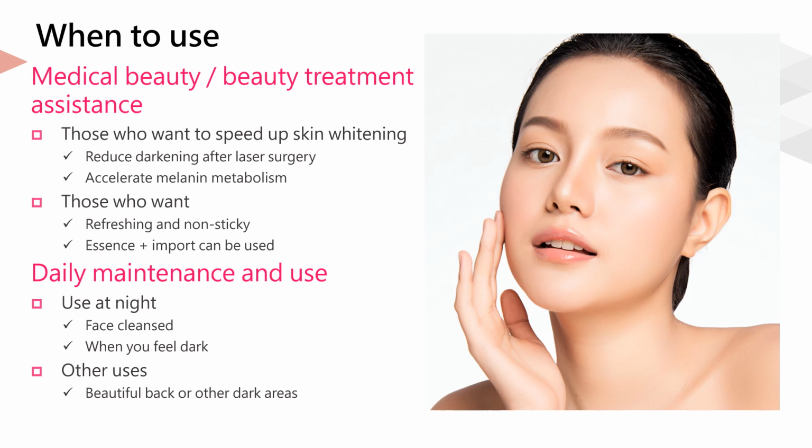Those who want to be refreshed and those who want to use it as a daily maintenance can use it at night on a cleansed face, and when you feel that your face has darkened due to being on vacation or anything else. You can also use it on your dark spots, not only on your face but even on other parts of the body like your neck, your hands, or any parts of the body.